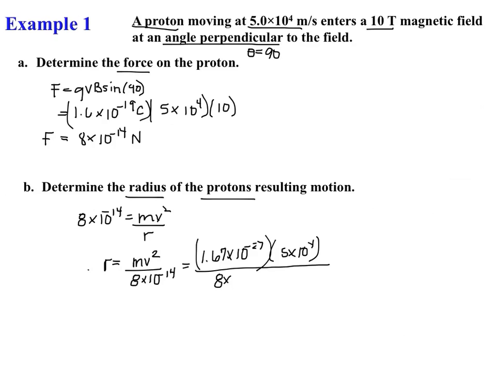And 8 times 10 to the negative 14, which was our force. Gave us a radius of 5.2 times 10 to the negative 5 meters. Again, we should get a very, very tiny radius here because those circular motions are going to happen very quick, so those circular motions are not going to be very large.